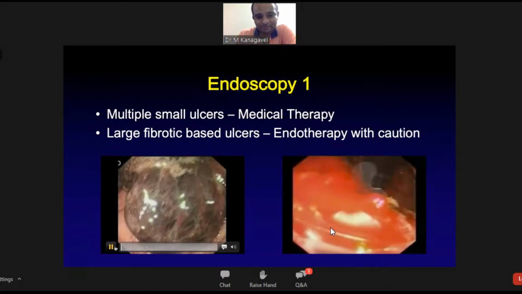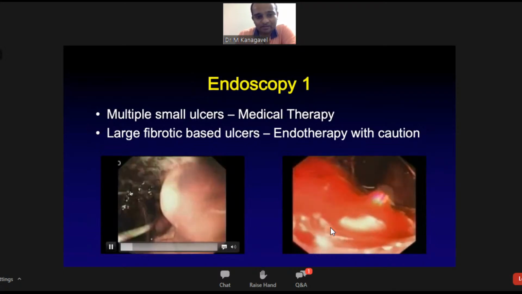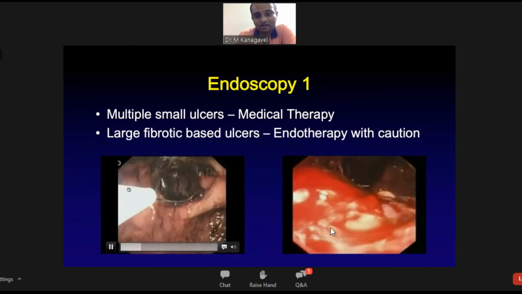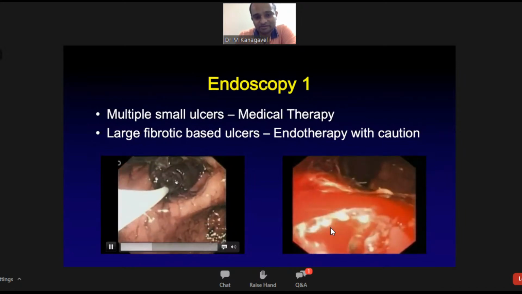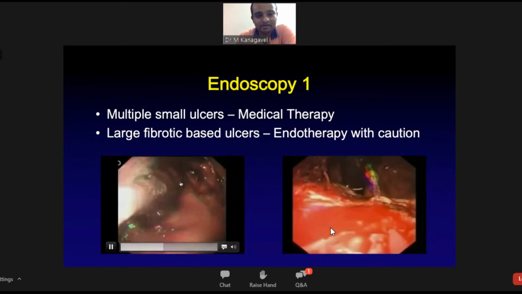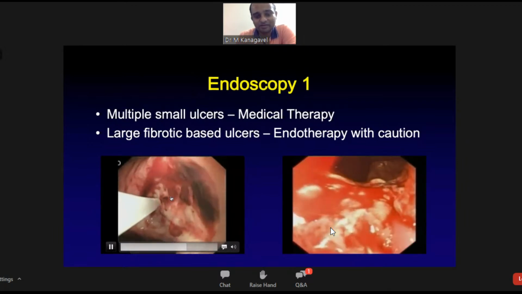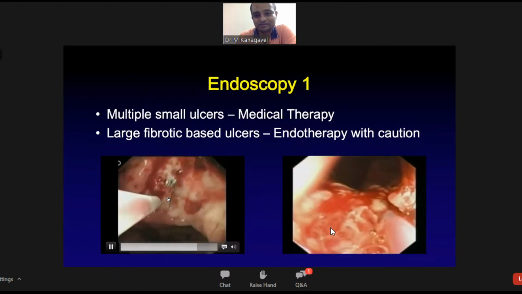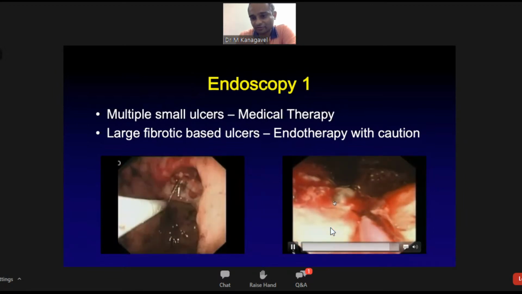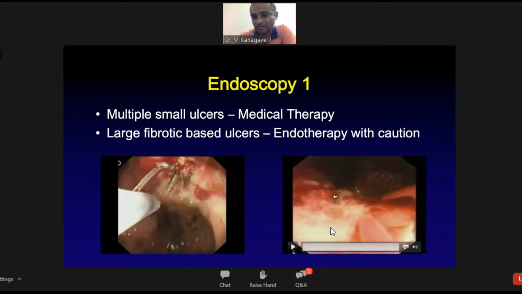So these 2 types of ulcer you can see here, which is having a large clot adherent to the base. So we are using a snare without any cautery, just to expose the bleeding vessel, and then you can apply a hemoclip and achieve the hemostasis. And in this another video, you can see there is a diffuse ooze from the ulcer base, and there is one vessel, and you can inject 1:10,000 to 1:20,000 adrenaline in 1 to 2 ml in all 4 quadrants, followed by contact thermal endoscopy.